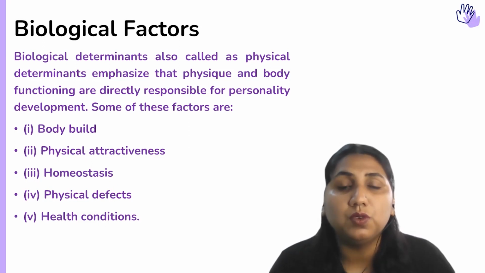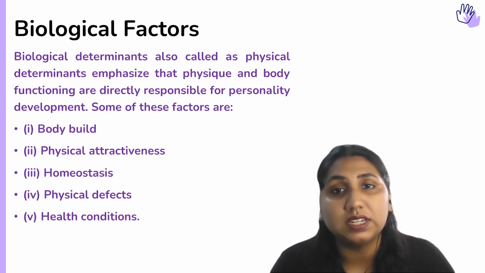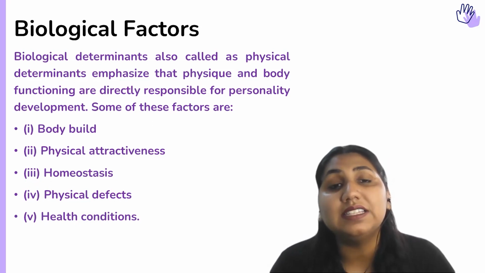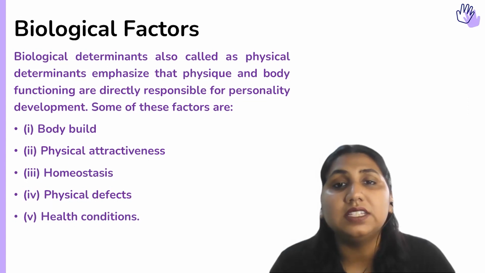Homeostasis is another important determinant of personality, and this refers to the maintenance of a stable internal environment. This talks about having normal temperature, normal level of blood sugar, normal level of blood pressure, all these things.